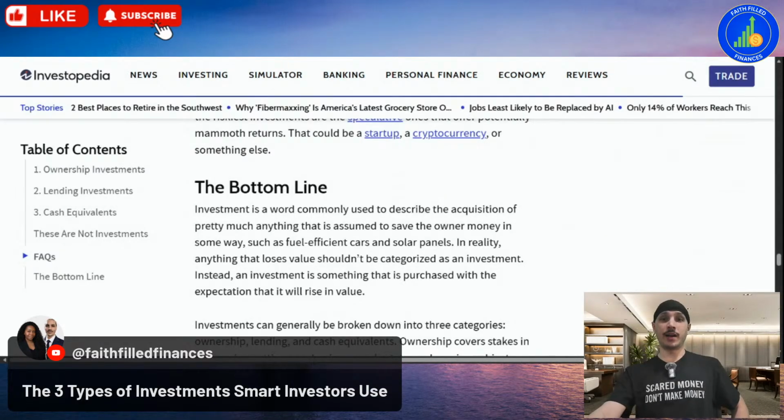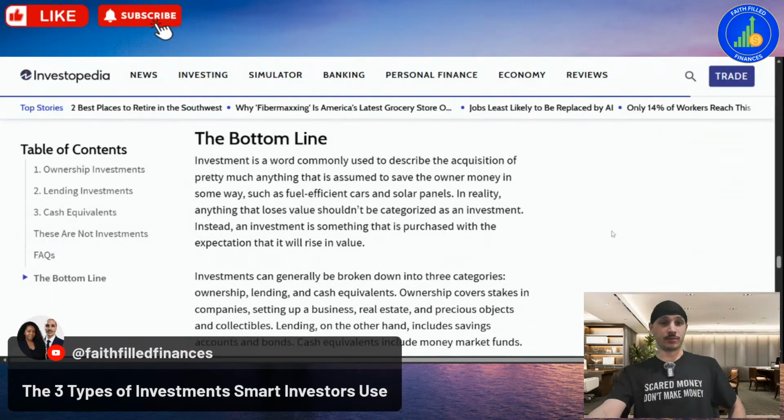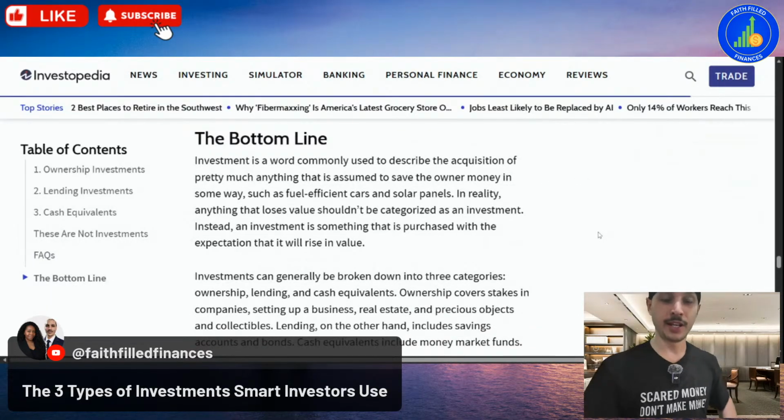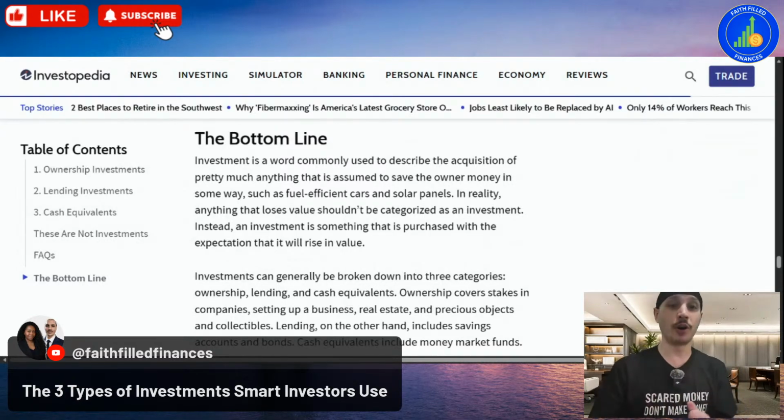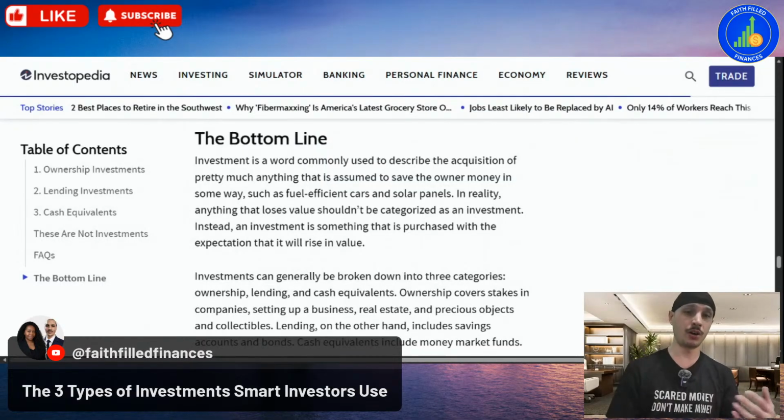Now, here's the bottom line. Like Stone Cold said, and that's the bottom line. Here's the bottom line, family. Let's get it. Investment is a word commonly used to describe the acquisition of pretty much anything that is assumed to save the owner money in some way, such as fuel-efficient cars and solar panels.